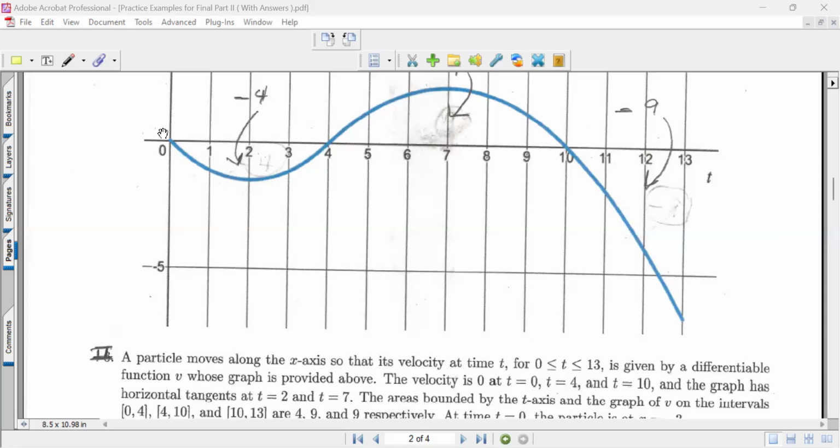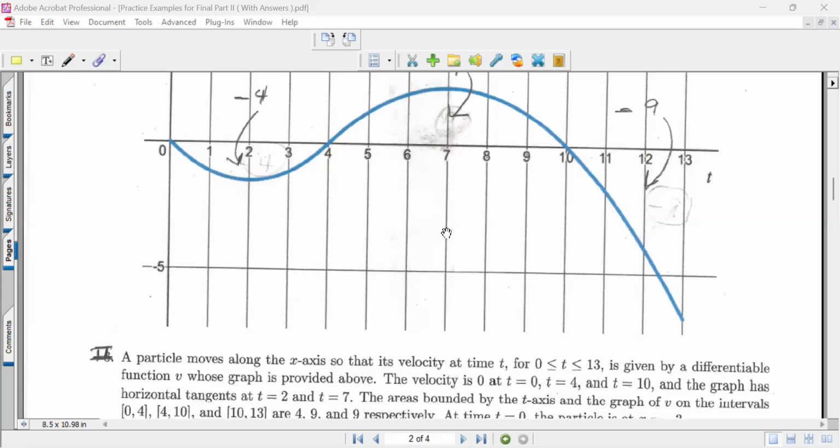This is not the path of the moving particle. This is the graph of its velocity. And we also see that at t equals 2, this is when the tangent here is 0, and the second derivative here is 0.